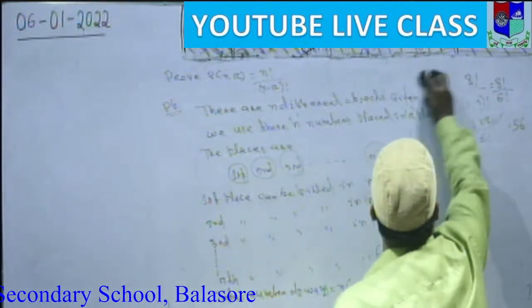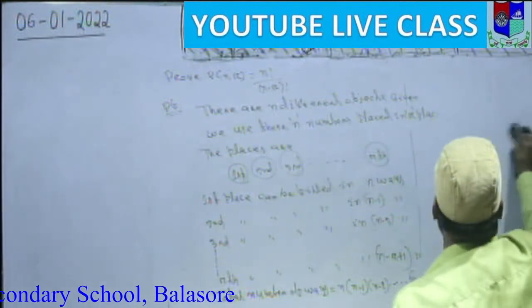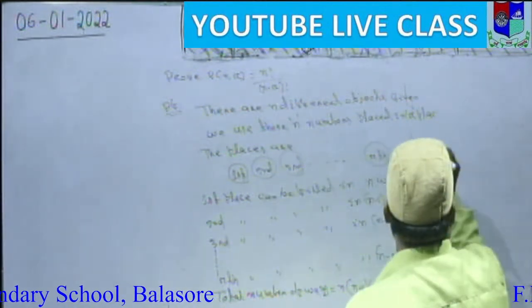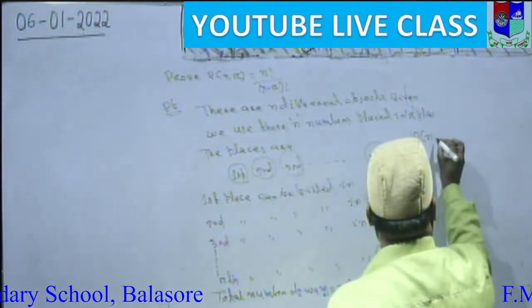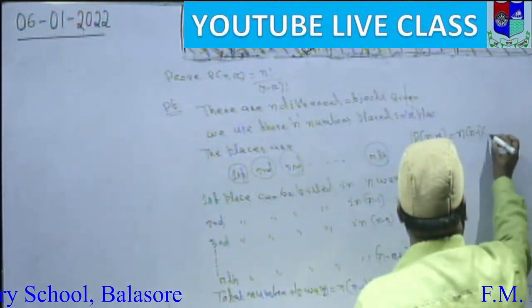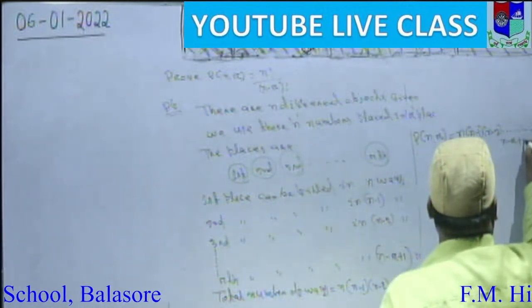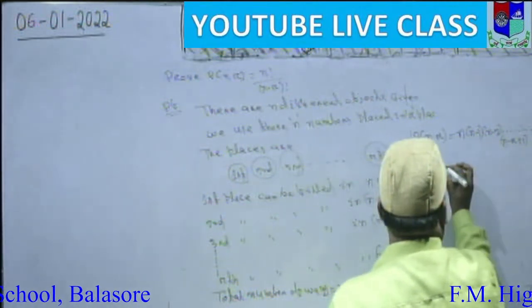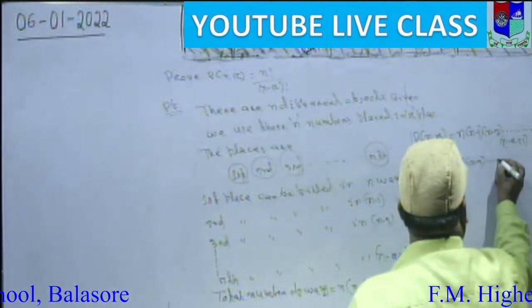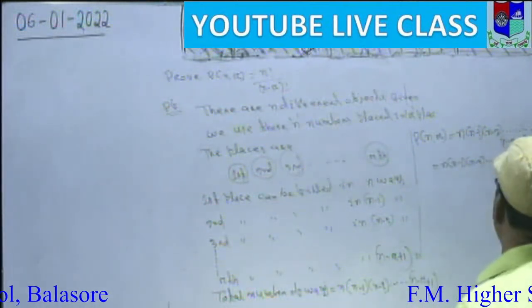Now this can be written. The total number of ways we write as PNR, and what we wrote here, n into n minus 1 into n minus 2 dot dot dot n minus r plus 1, equal to, we multiply one factor in numerator as well as in denominator, that is n minus r factorial, since we are counting down to n minus r plus 1.